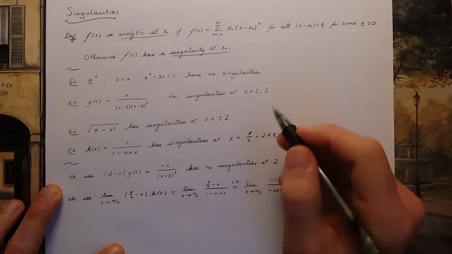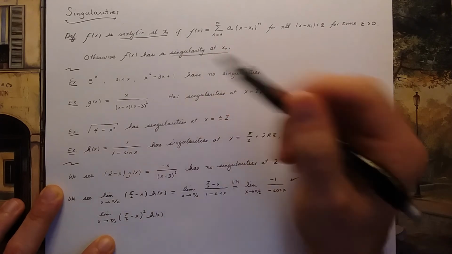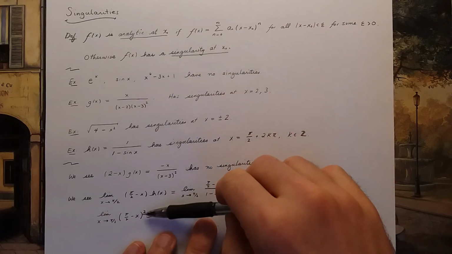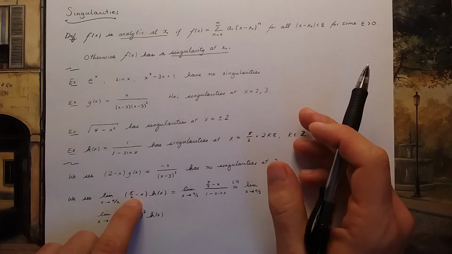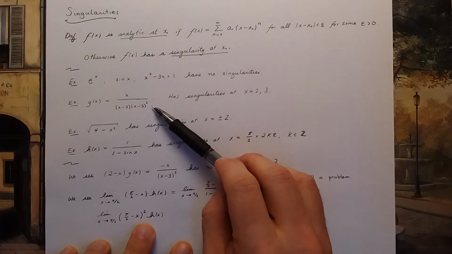However, let's take the limit as x goes to pi over 2 of pi over 2 minus x squared times h of x. Maybe I can multiply by a higher power of pi over 2 minus x and remove the singularity, such as in this example with g.